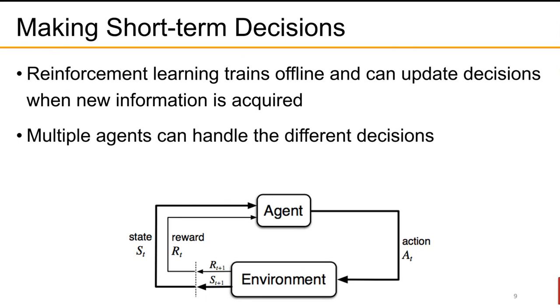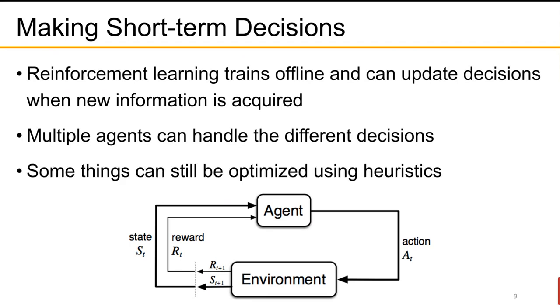Like I mentioned earlier, we have several different types of decisions that go into our plans. But some things can still be optimized using other methods like typical optimization frameworks or meta-heuristics as well. So we can have both these approaches and ideally take the best of both techniques to try and build our short-term plan.